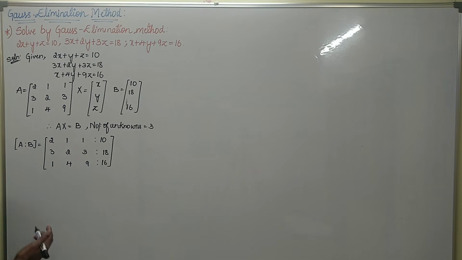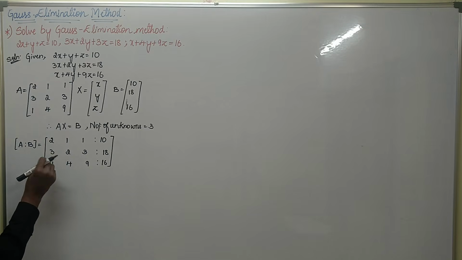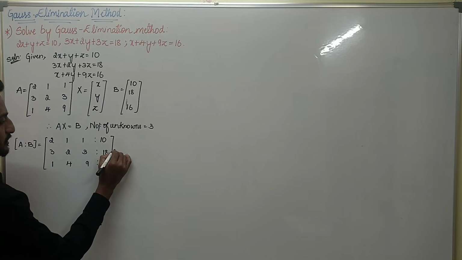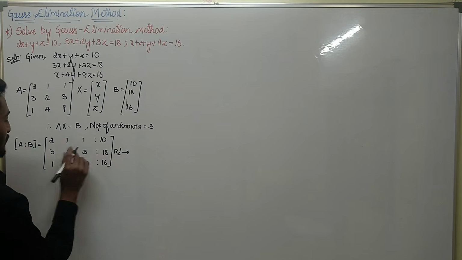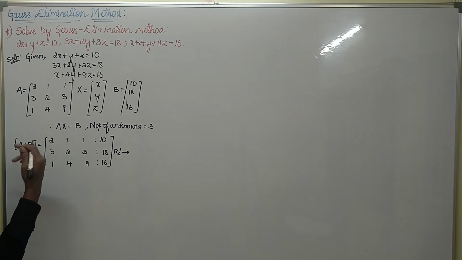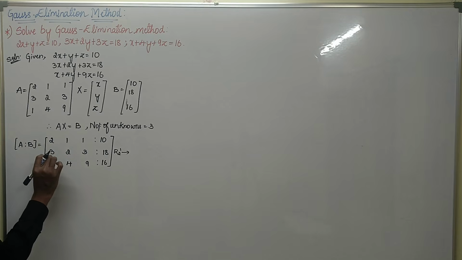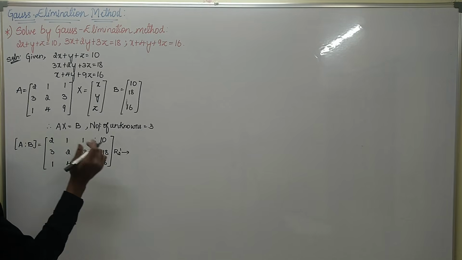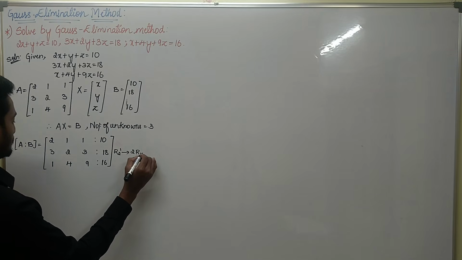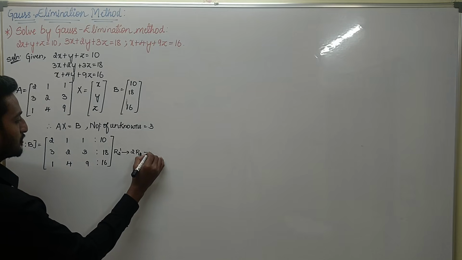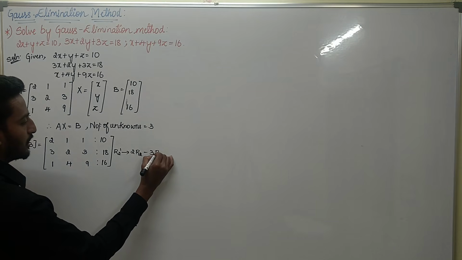Now let us simplify. Let us make the first element, that is 3, as 0. To make this 3 as 0, let us keep our first row as constant, and the second row R2 dash changes to the following. How do I make it 0? I am going to multiply 2 for the second row and 3 for the first row, that is 2 into R2 minus 3 into R1.